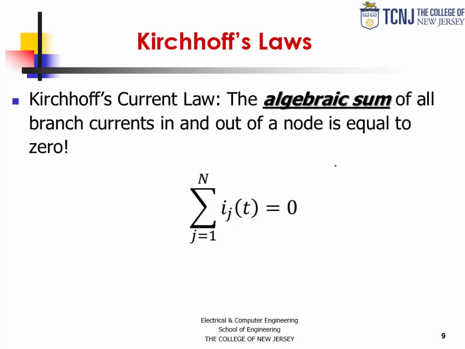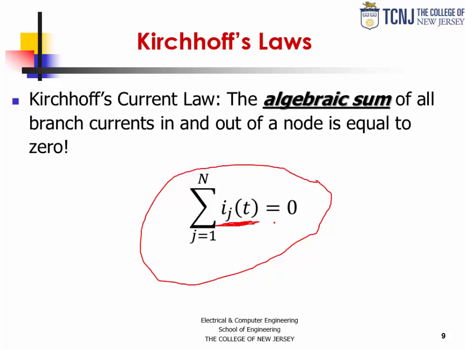Now, with those definitions, let's formally define what we mean by Kirchhoff's law by defining the first one, the Kirchhoff's Current Law, and simply stated, that says that the algebraic sum of all the branch currents in and out of a node is equal to 0. And we can express that with this equation. So the sum of all the individual branch currents in and out of the node is equal to 0. What do we mean by algebraic sum?